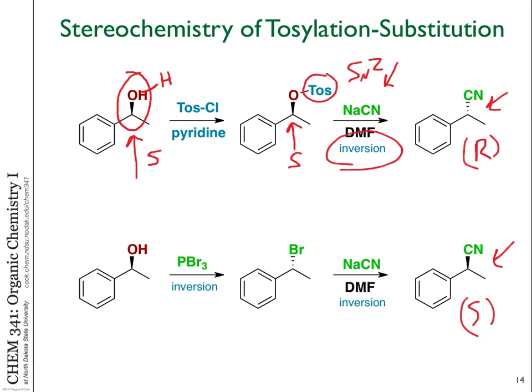And then you react with cyanide, and it inverts back to the original stereochemistry. So it's doing two inversions in a row, and both involve an SN2 reaction at some point: one to get the bromide on, one to exchange that for cyanide. So we have the tools now to control, from the same starting material, which stereoisomer of the product we get, and get only that stereoisomer.